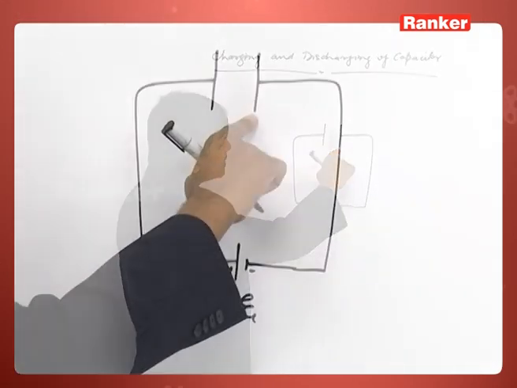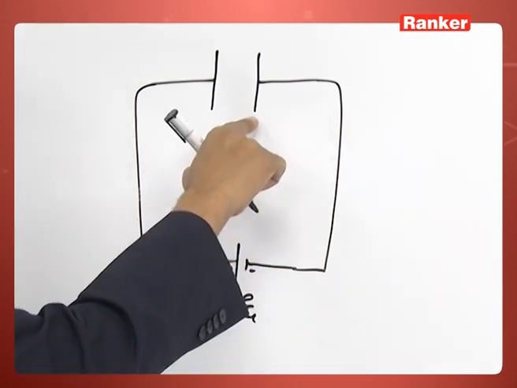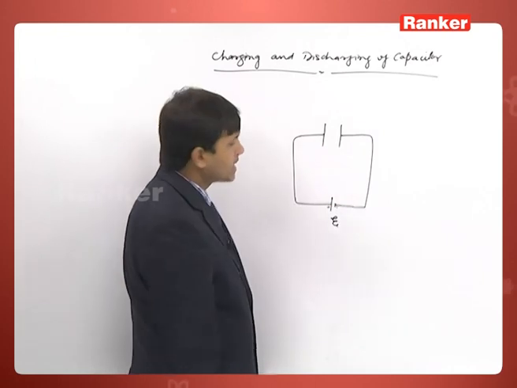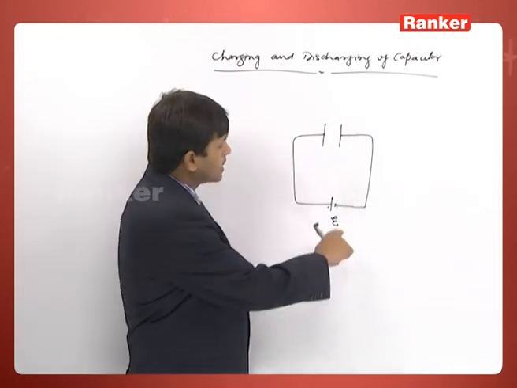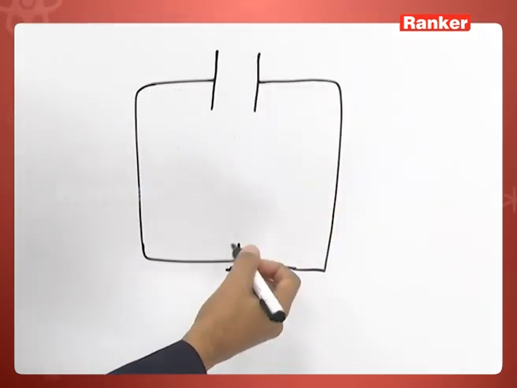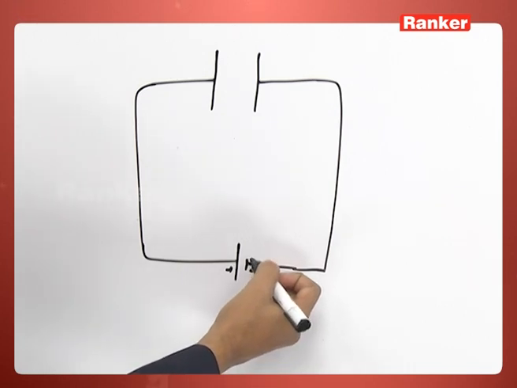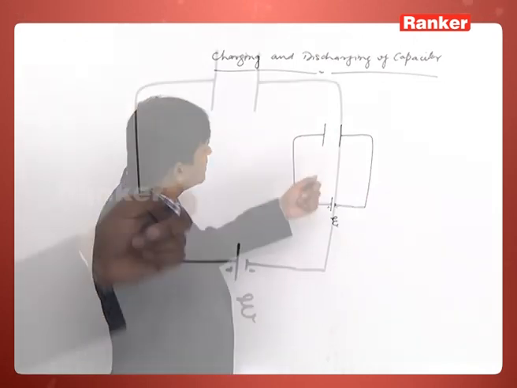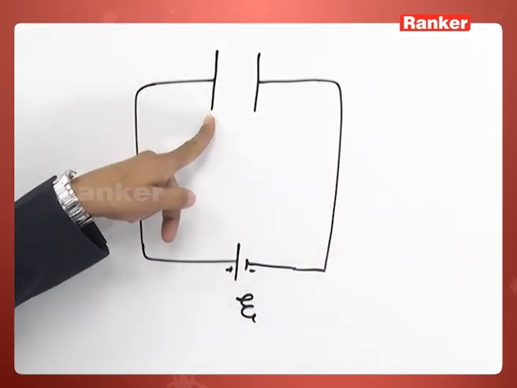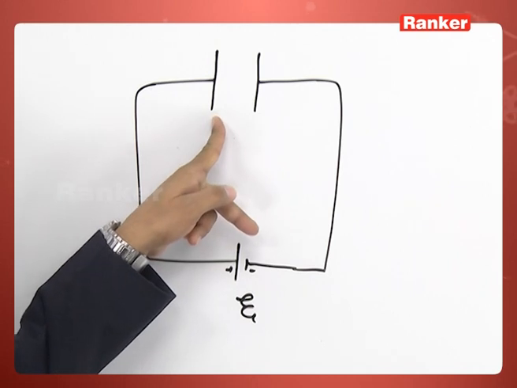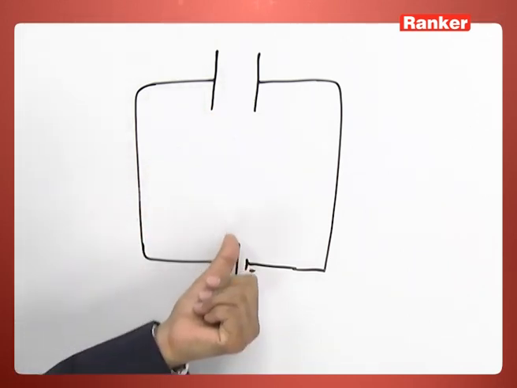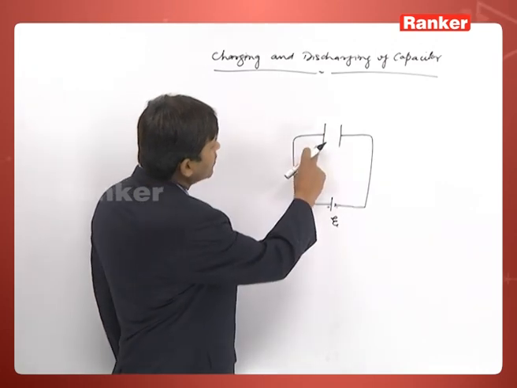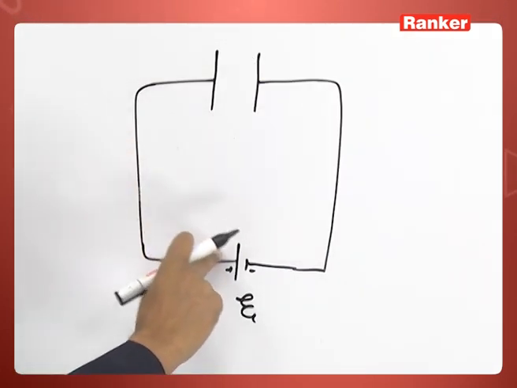Now when this plate is connected to the negative terminal, it is at lower potential, so electrons start moving from lower potential to higher potential. Similarly, this plate has zero potential because it does not have any charge initially, and this electrode is at higher potential. So here electrons start moving from lower potential to higher.